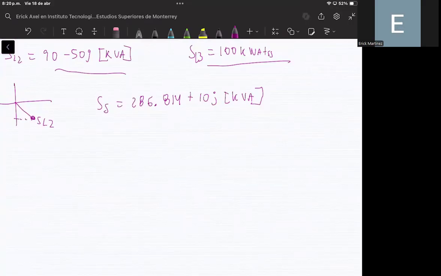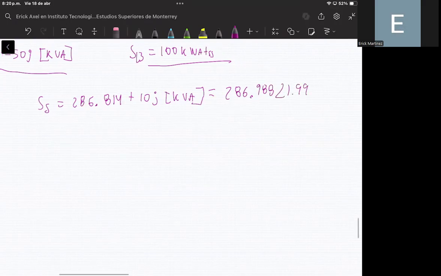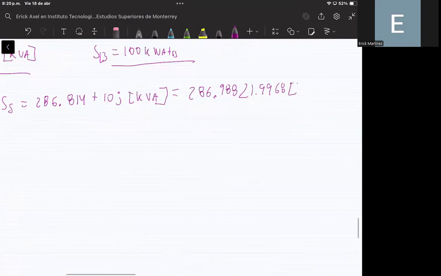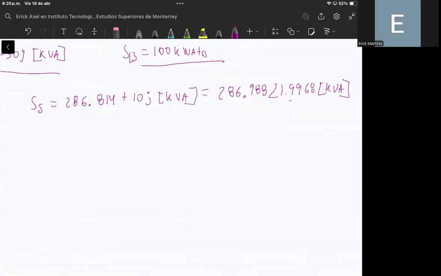What else? I can also express this complex power of the source in polar form. This is equal to 186.988 with an angle of 1.9968 kilovolt ampere. Now we have the angle of the complex power of the source, so I can compute the power factor as follows.